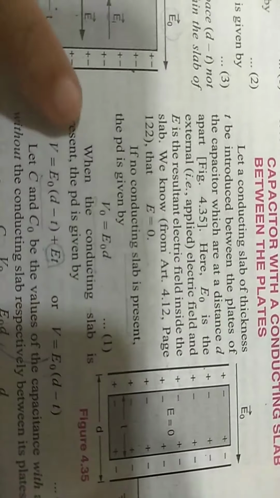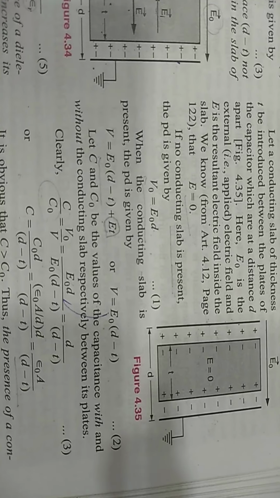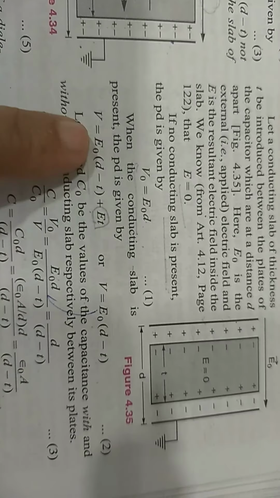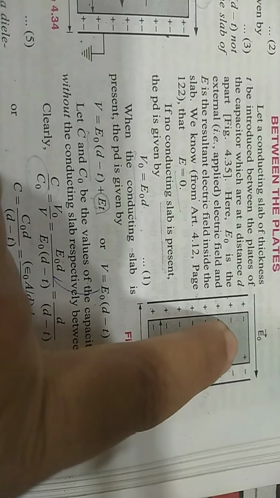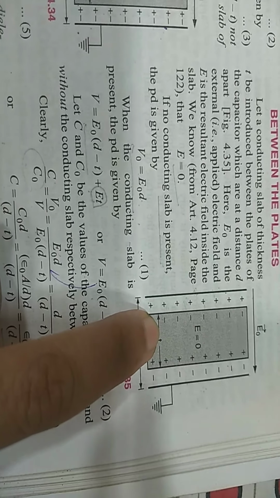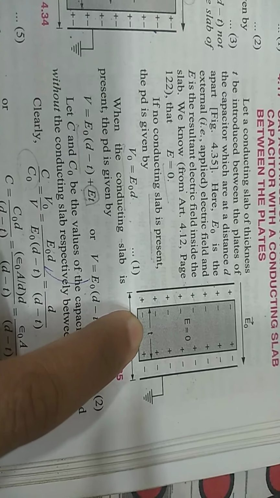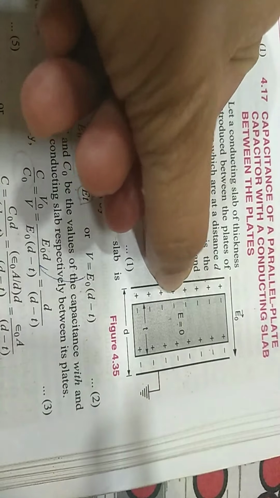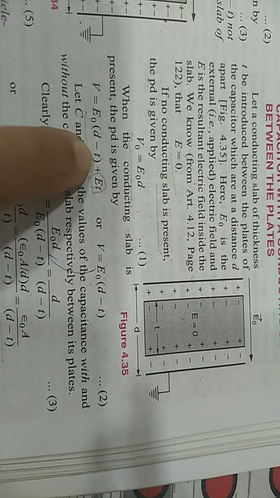This is our basic definition, that V naught is equal to E naught into D. Now V is equal to E naught into D minus T, because in this region there is the electric field E naught, and inside the conductor the electric field is 0, and its thickness is T. Outside, in the region which is not shaded, the electric field is E naught, and that thickness is D minus T. So V is E naught into D minus T plus E into T, but E is 0, so this term will not be there.